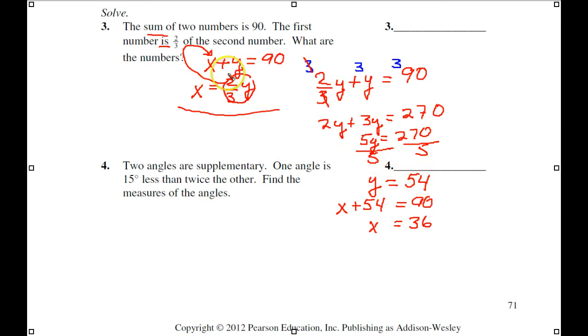Then put the y for 54, solve for the x, x is 36. Now remember, when you give this answer, this is written as an ordered pair. So the answer would be 36, 54.